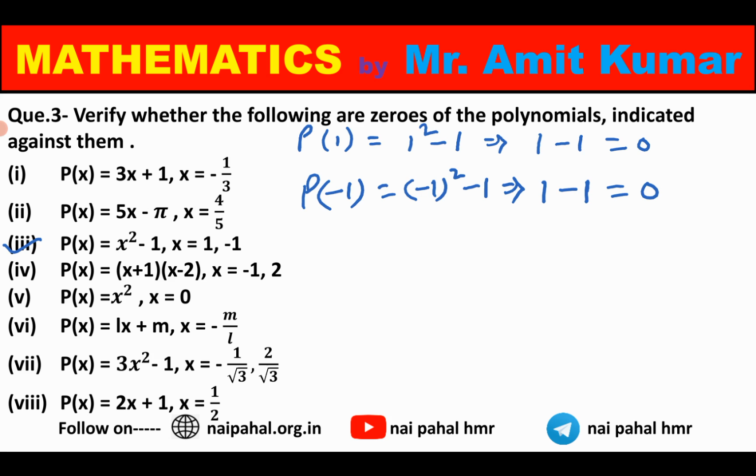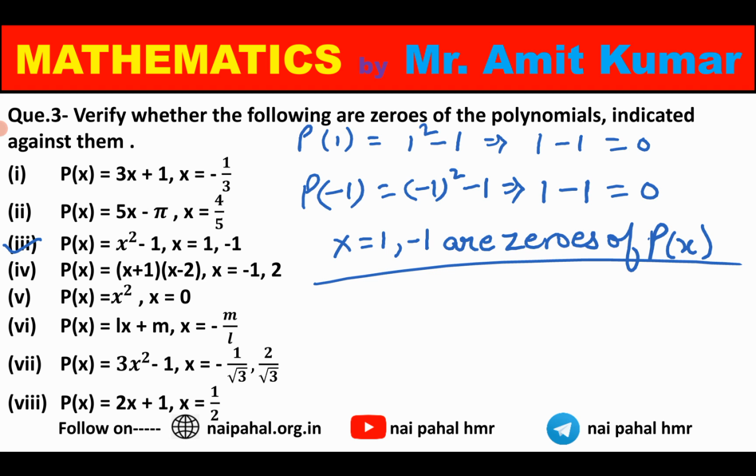So you can write here that x is equal to 1 and minus 1 are zeros of Px. Let's move on to the next part.